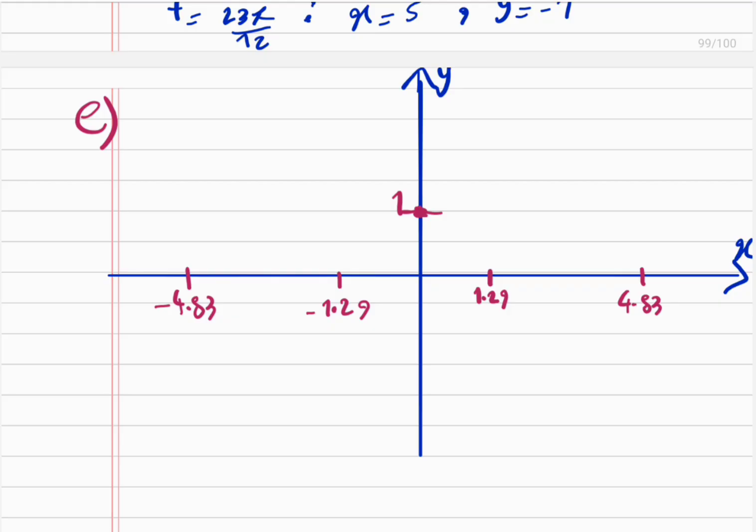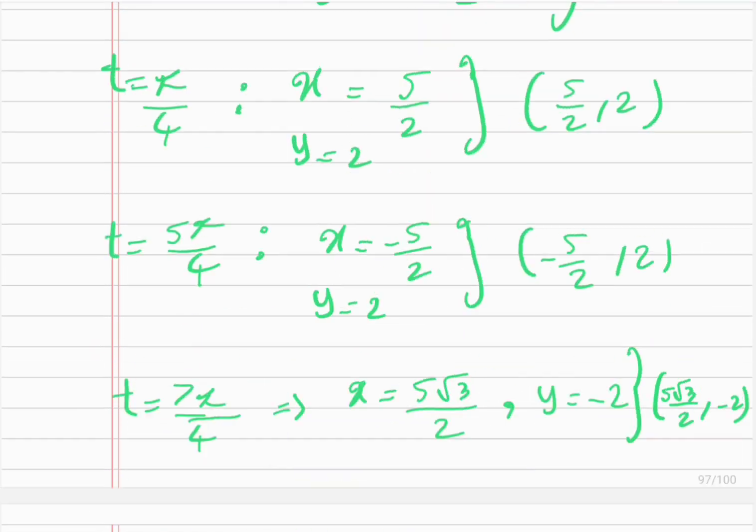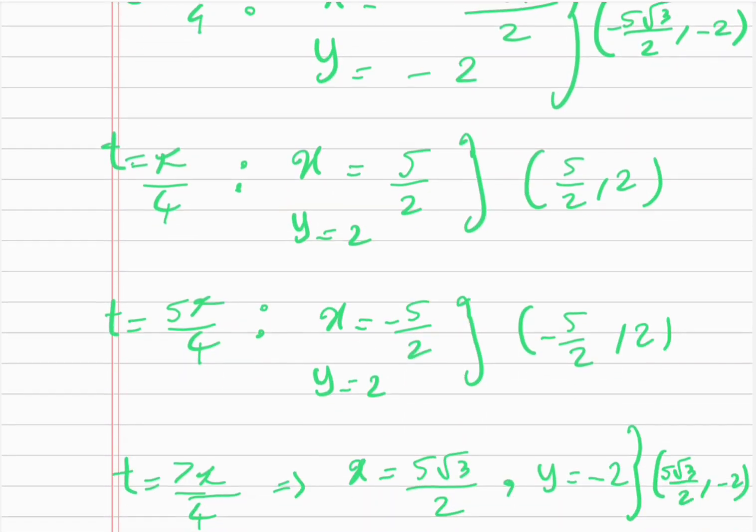Now for the next step, we can plot the stationary points, where dy by dx is equal to 0. Again, we have four points for that, the green ones.